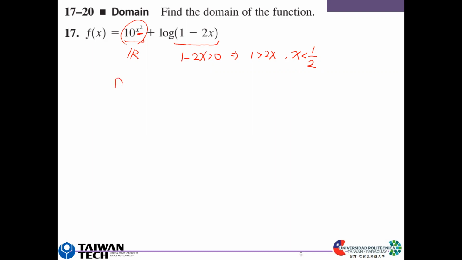So the domain will be x smaller than 1 over 2, from minus infinity to 1 over 2. It cannot be equal to 1 over 2, because what is inside the log function must always be larger than 0. Okay, so this is the characteristic of a log function.